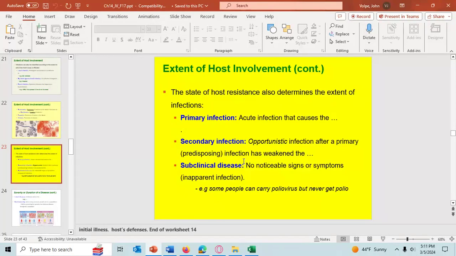So there's many different diseases which can have subclinical disease carrying patients. And their danger is they can carry the disease to someone else and then spread the disease. Any question about any of that?